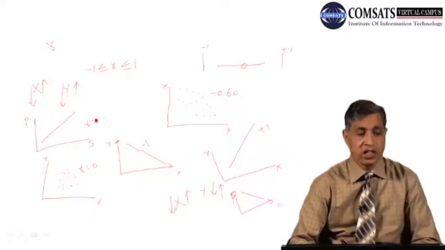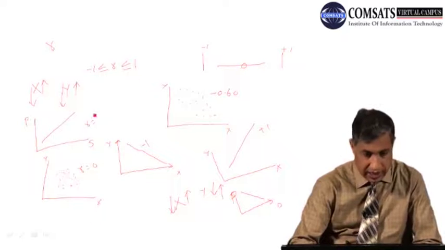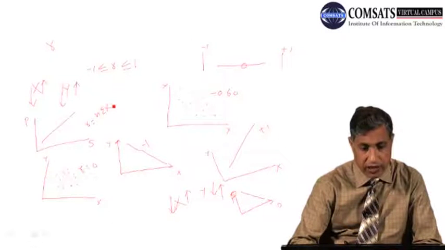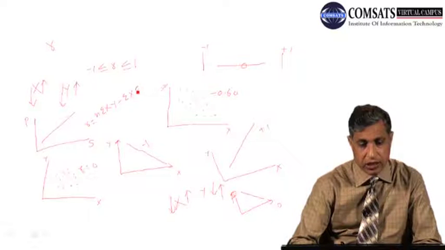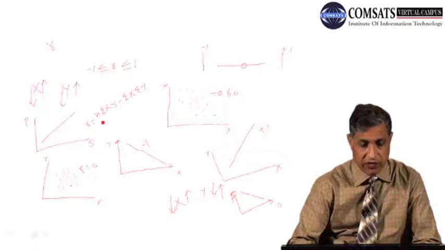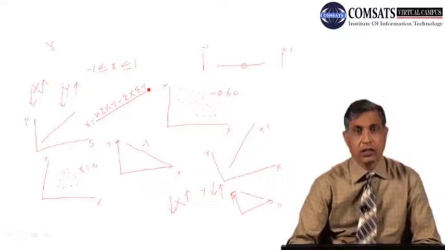This is r, the correlation, and what is this? n summation xy minus summation x summation y, divided by this.